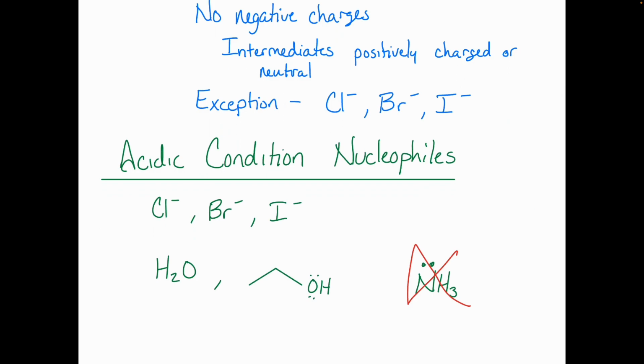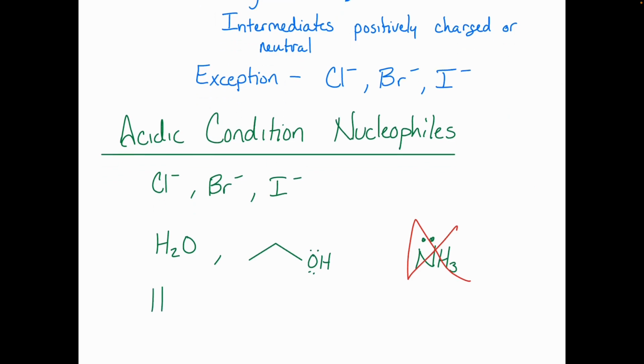Another one would be, instead of oxygen, we replace it with an S, or our thiols. These would also work under neutral conditions, or under acidic conditions. Okay, cool. So then let's take one of these acidic condition nucleophiles and let's react it with our epoxide. We're going to use our simple epoxide here.